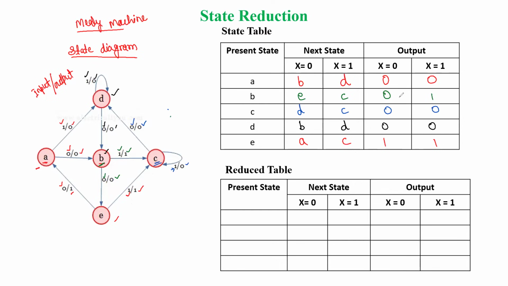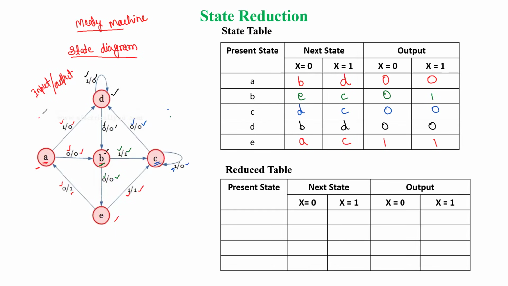Now we have an algorithm for this. Two states are said to be equivalent if, for each set of input combinations, they have the same next state as well as the same output.